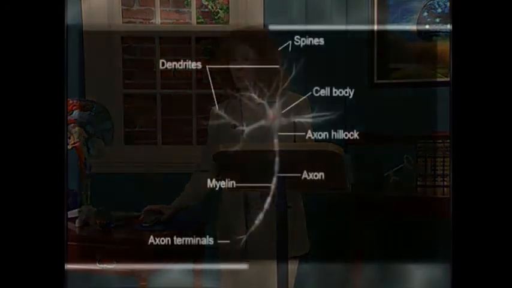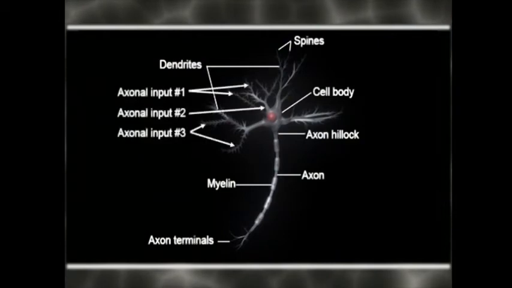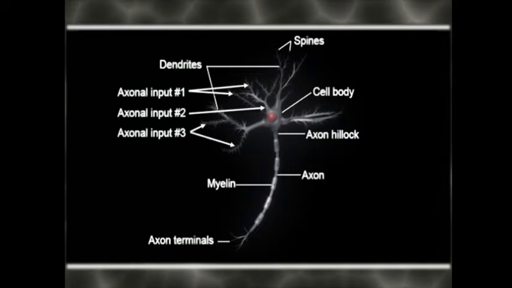Graded and decremental. Here we have onto our neuron a variety of axonal inputs. So these are axons coming from different places, other nuclei in the brain, synapsing upon this cell right here, either its cell body or its dendrites or spines.